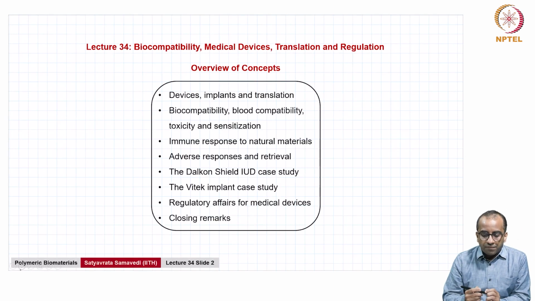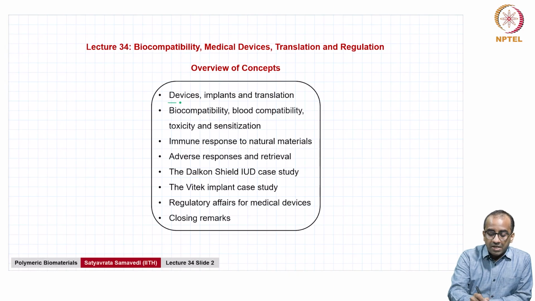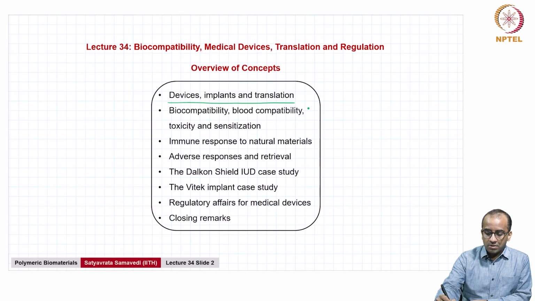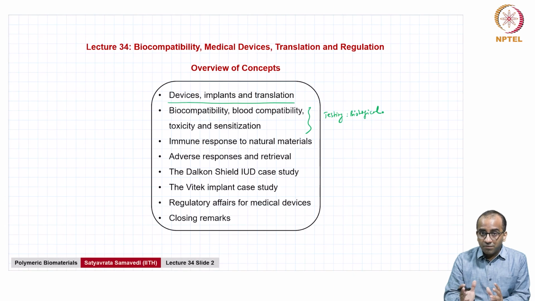We'll first start off with a quick look at devices, implants and translation, which we have already looked at in previous lectures. Then we will focus quite a bit on testing, particularly biological testing. We have previously seen testing before, but that was more mechanical testing, and we looked at bulk properties and responses.